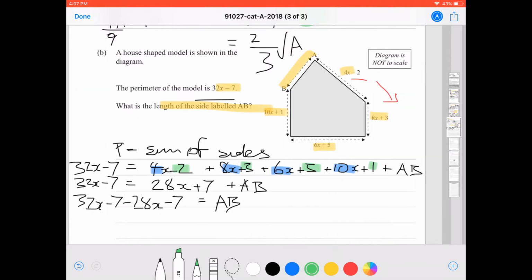Once again, collecting like terms, we've got our 32x and 28x, and we've got a minus 7 and another minus 7. So 32 minus 28 is 4x. Minus 7 minus 7, negative 14. And that equals AB.